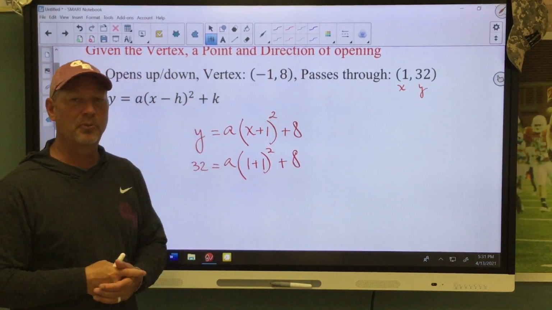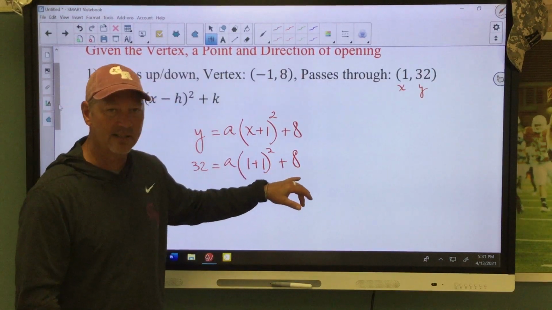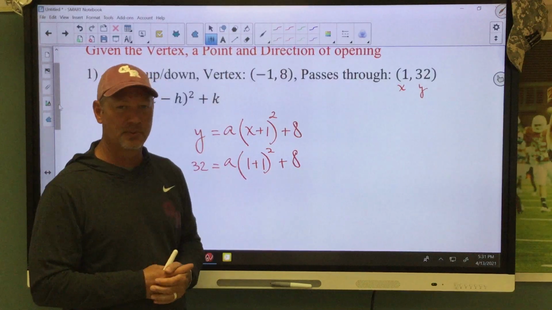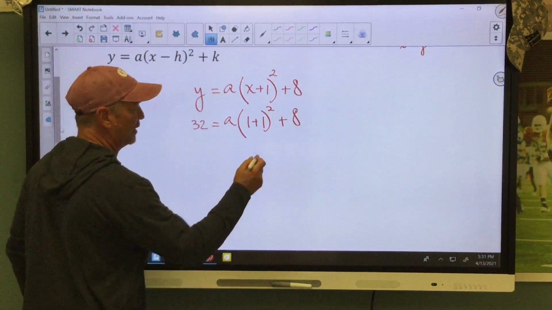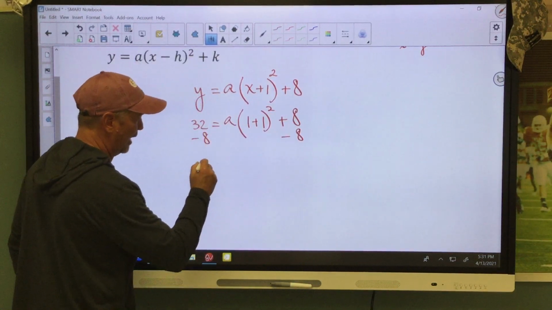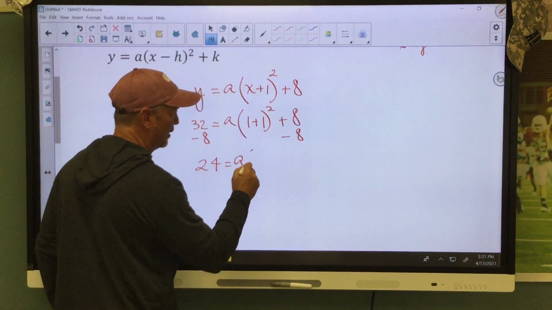Now, sometimes we get in a hurry and we may do the wrong thing with this 8. So we're going to move it to the other side, so let's not make a careless mistake. What I'm going to ask you to do is move this 8 to the other side, minus 8, minus 8. I'm going to get 24 equals a.